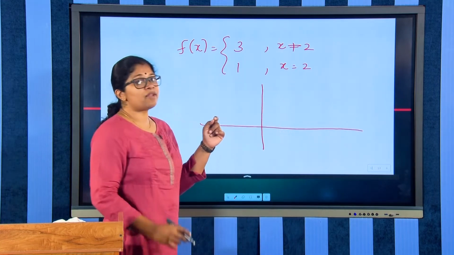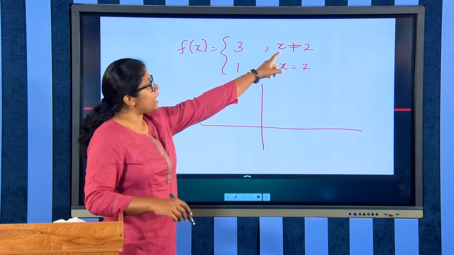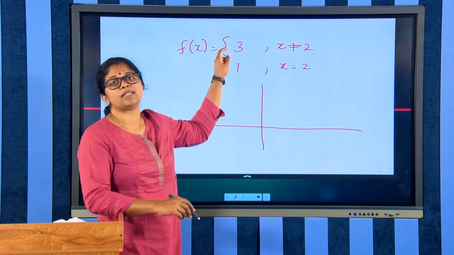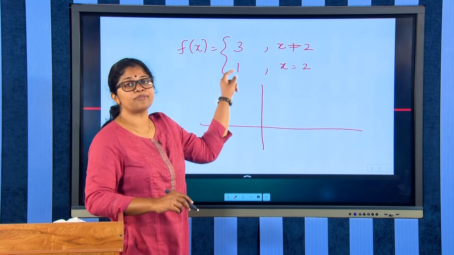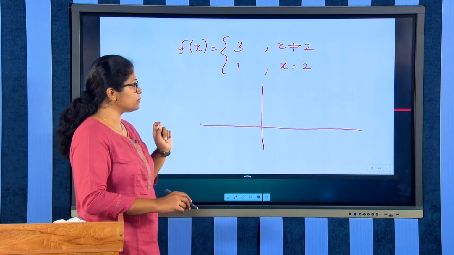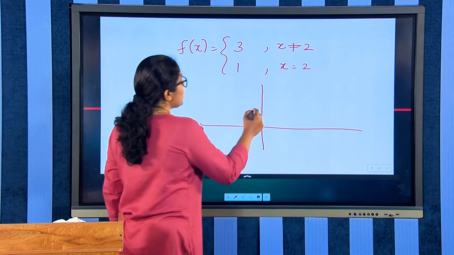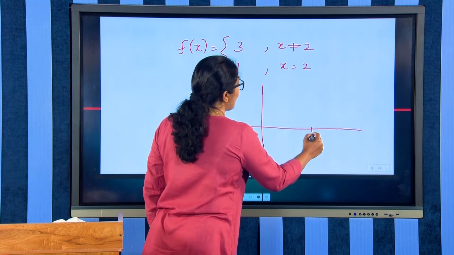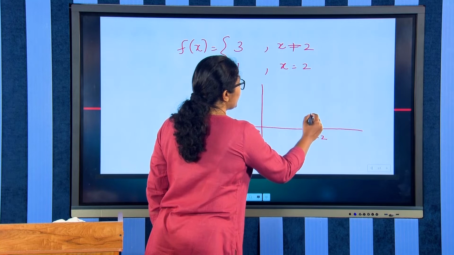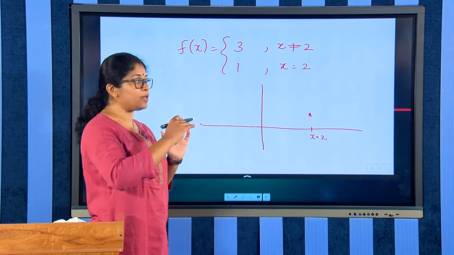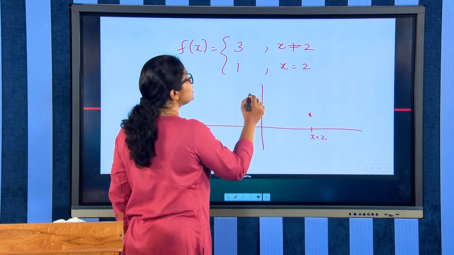For every real valued x not equal to 2, the function takes the value 3, and for x is equal to 2 alone, the function takes the value 1. So for all the other x values the function is assuming the value 3.